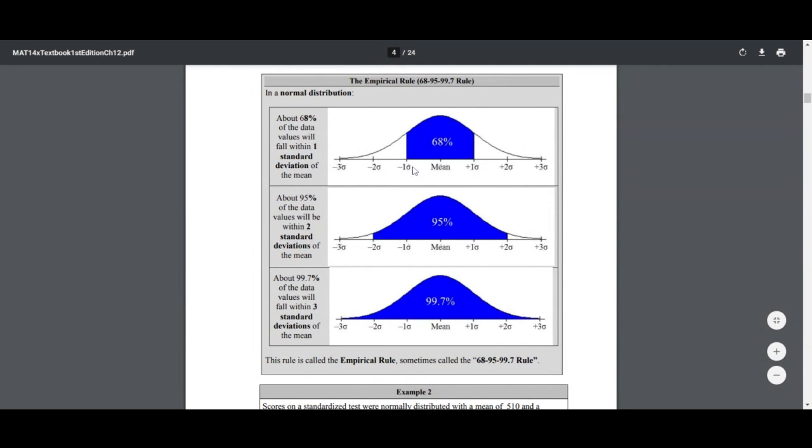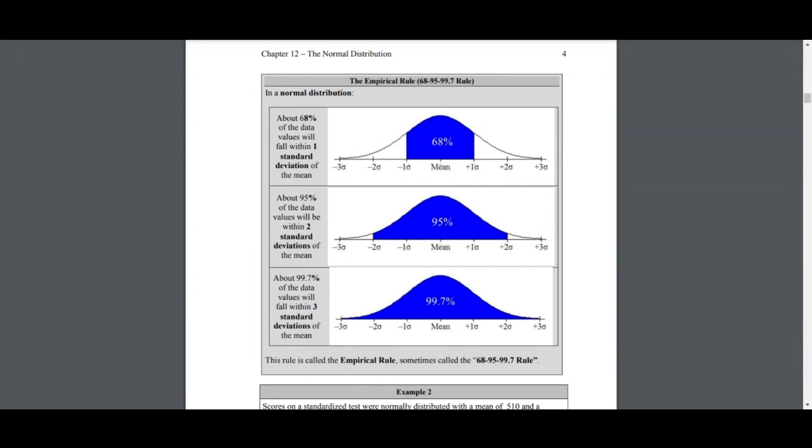That's a standard deviation. If you go out 2 standard deviations, 95% of the data will be there, as you can see, and 97% will be within 3 standard deviations. So that's what we see here.